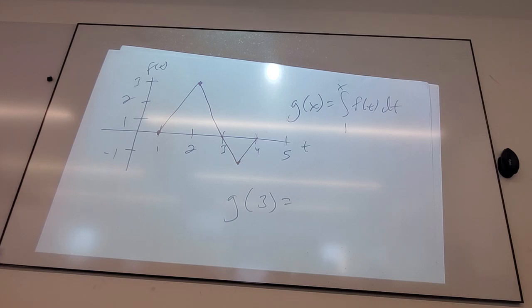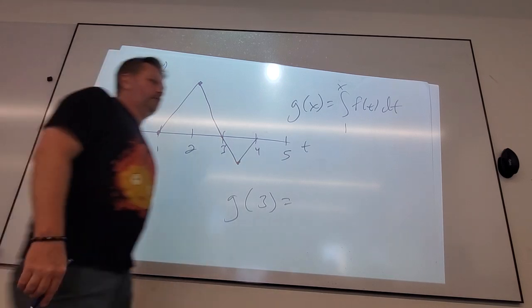So can somebody, besides you two, tell me in English what g of 3 wants from me? Yeah, it just wants the area under the curve from 1 to 3, which you could further translate to the area of that first triangle. That's all it wants.